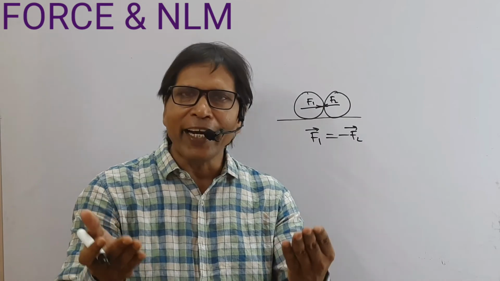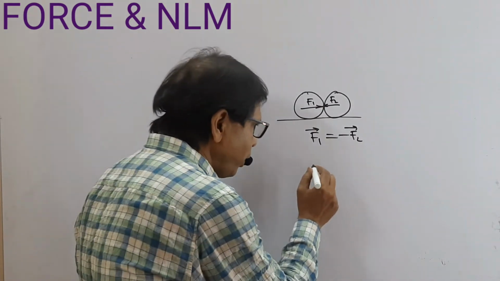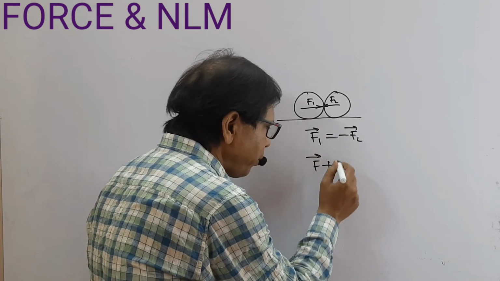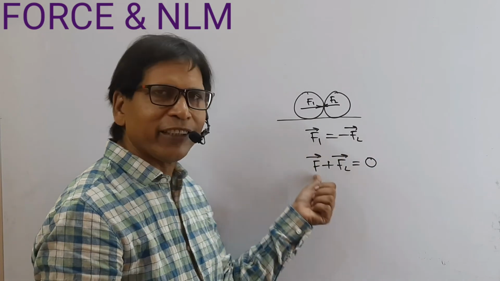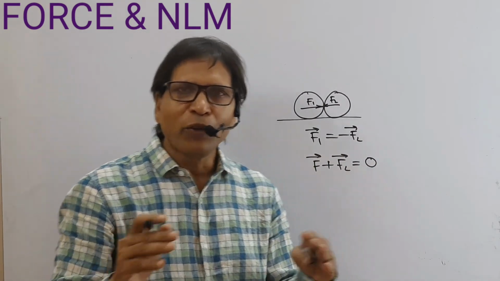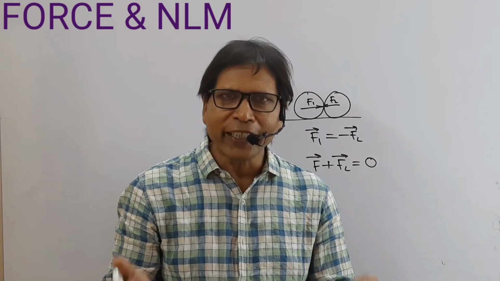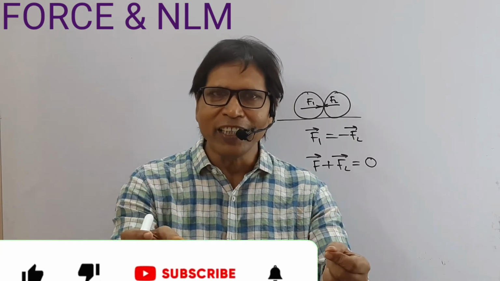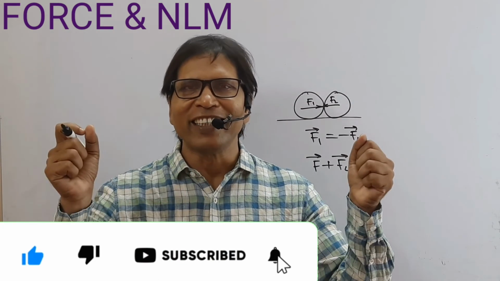If action and reaction forces act on the same body, then the net force F1 vector plus F2 vector equals 0. Look at this. So no motion is produced. That is why we can't pull a chair by sitting on it. We can't push a car by sitting on it.